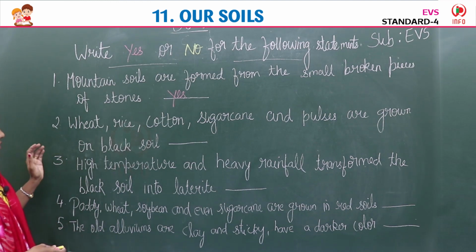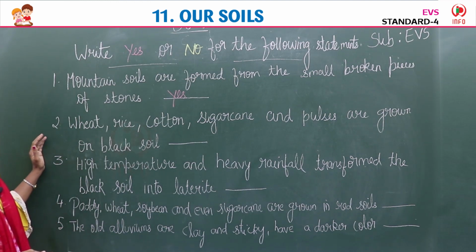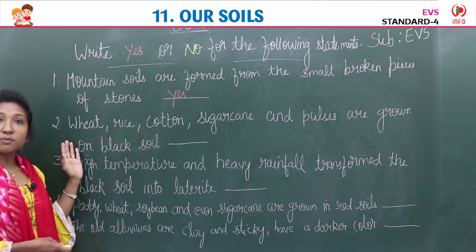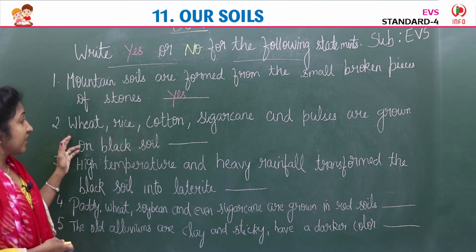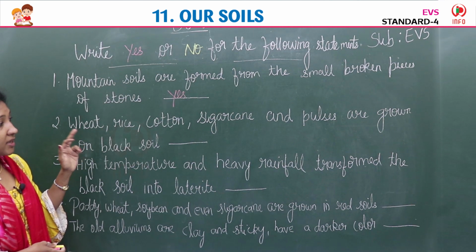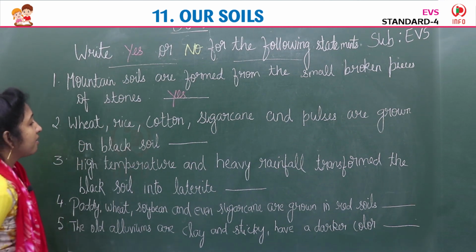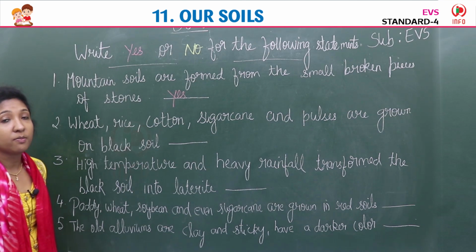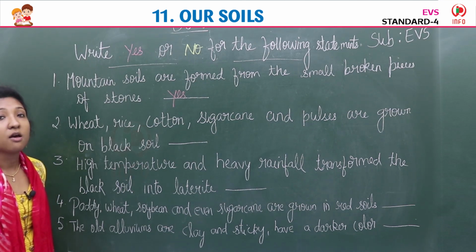Next, second statement: wheat, rice, cotton, sugarcane and pulses are grown on black soil. Is the statement right or wrong? It is wrong.